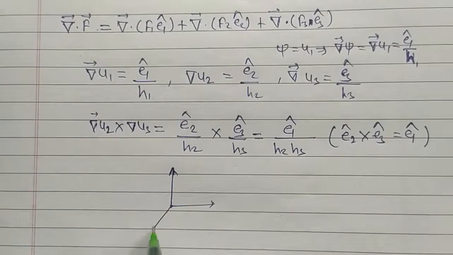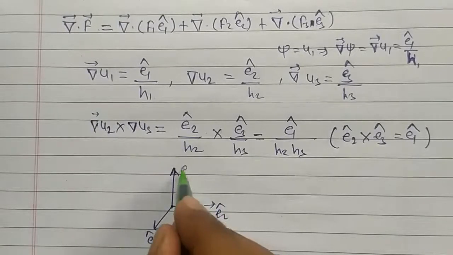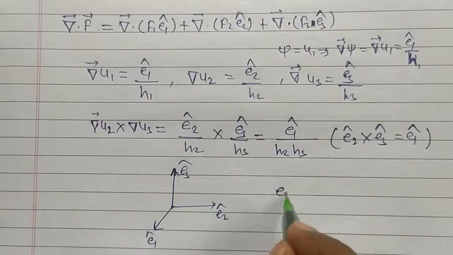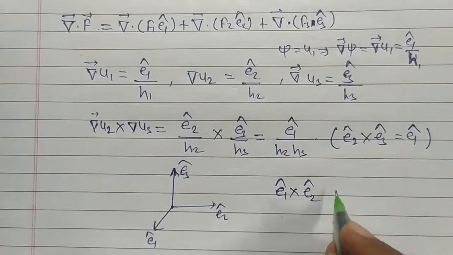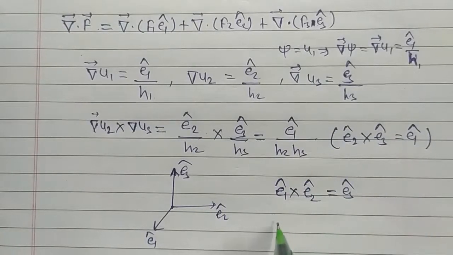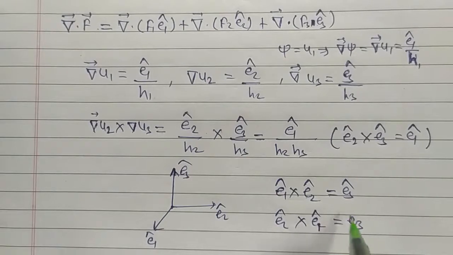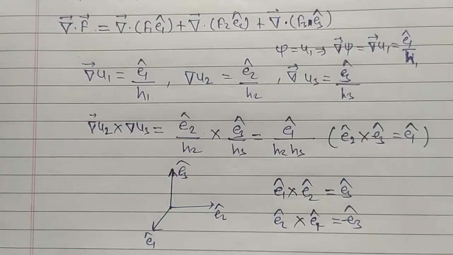So how do we take the cross product? If this is e1 cap, e2 cap, e3 cap, then the cross product of e1 cross e2 will be e3. If you reverse it, e2 cross e1, it will be e3 but with a negative sign. So the sequence matters in a cross product.